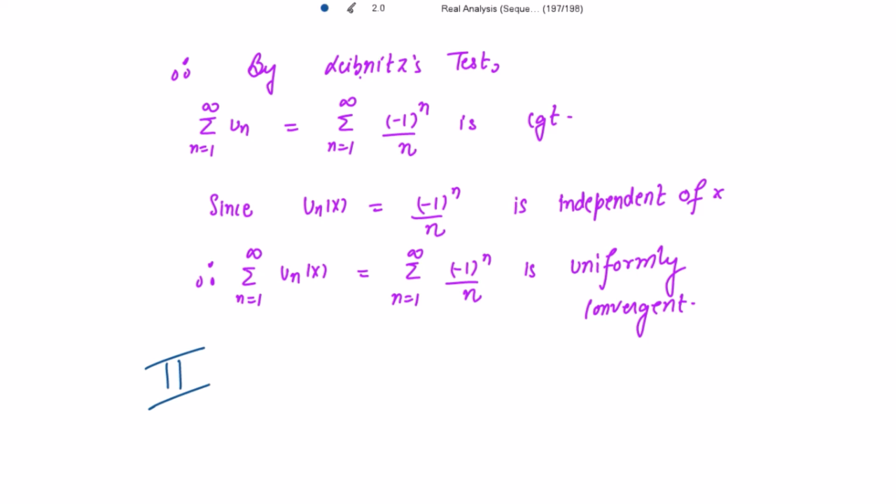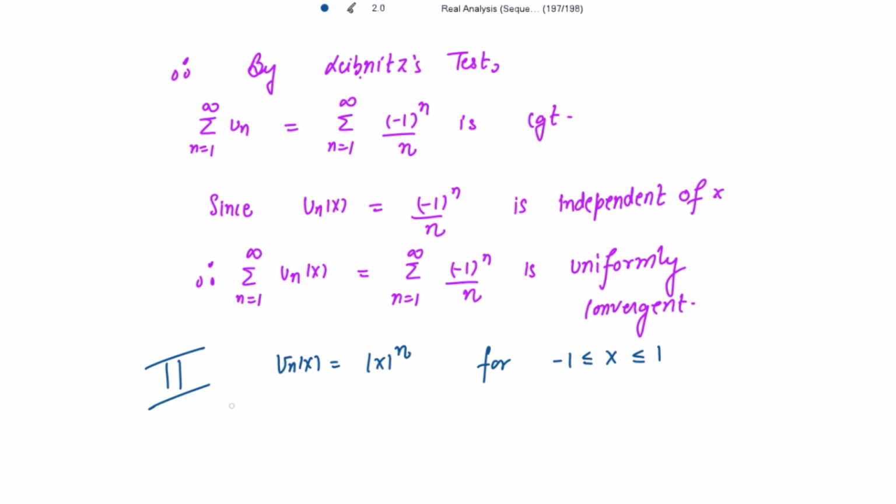To show that v_n's sequence is a decreasing sequence of positive terms. Now what is v_n(x)? v_n(x) is equal to |x|^n, for the given interval, -1 less than or equal to x less than or equal to 1. Now x is lying between -1 and 1. So clearly this v_n(x) is a decreasing sequence of positive terms, because there is a mod with x, right?